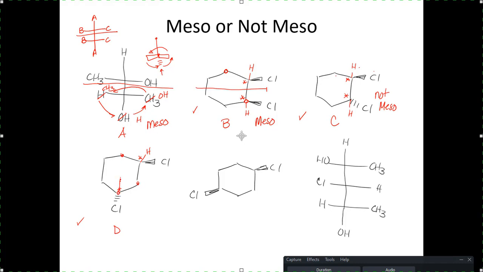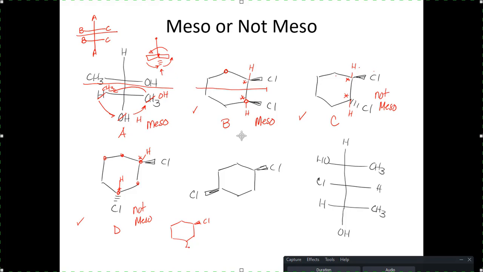We have a carbon with a hydrogen and a chlorine, and over here we have a CH2 group. So these have 4 different groups. Again, the other test is, can I pass a mirror plane of symmetry through this carbon and cut the molecule in half? And the answer is no. Is there a mirror plane in this molecule? No, there's not, because we have the chlorines bold and dashed. So D is also not meso. Now, what would be meso?